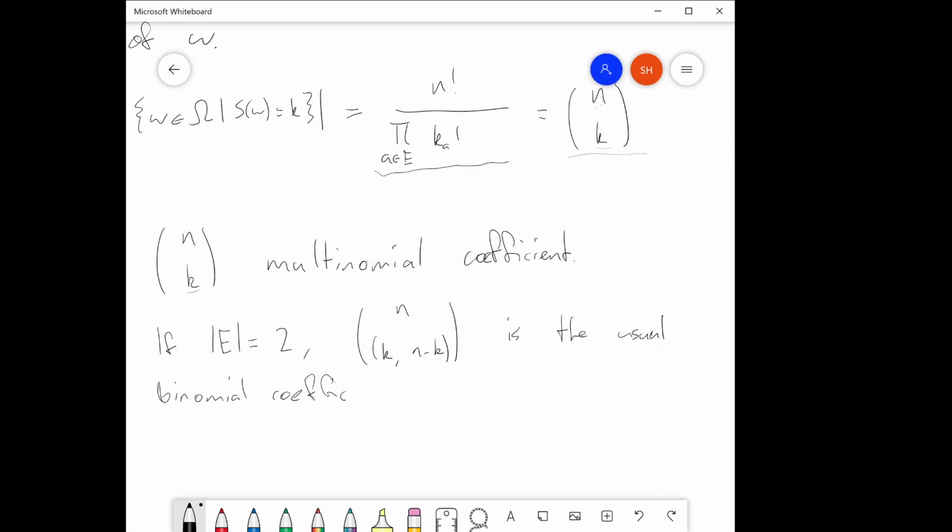But be careful that we're treating this as a multinomial coefficient, and typically k is going to be a vector or a list of numbers.